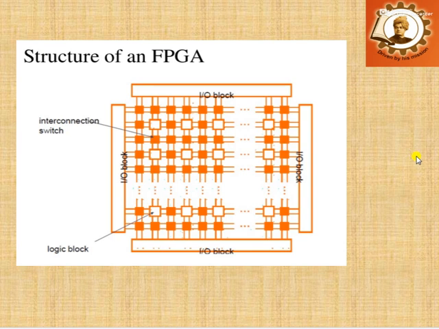Suppose you need 5 microprocessors, just like your 8085 microprocessor. You would separately connect those 5 8085 microprocessors, which means 5 into 40, that is 200 pins are required.